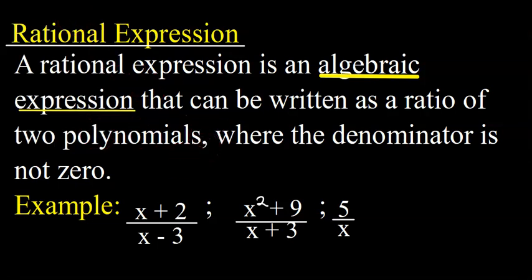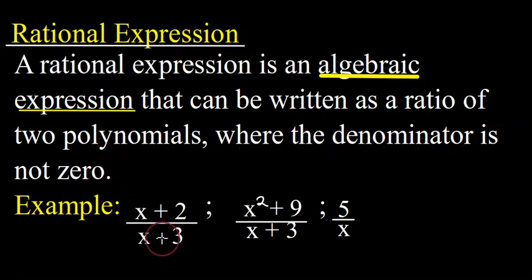So when we talk about the ratio of two polynomials, you can see here the first polynomial found in the numerator, x plus 2, and the second polynomial is x minus 3, and this is the ratio. That means they're dividing each other. Also take note that the third characteristic of a rational expression is that the denominator is not zero.